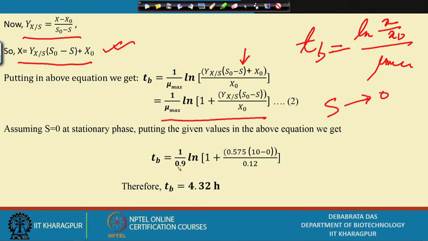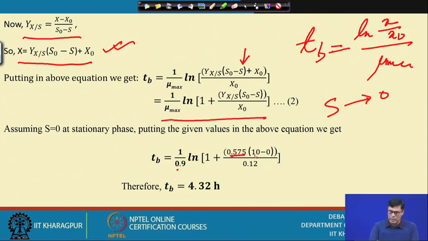This is 1 by 0.9, the 0.9 is the mu max value. Then Y x by s is 0.5, 0.75, and 10 grams per liter is the substrate, and this is 0, and x0 is the initial cell concentration, 0.12. So, total time required for the batch process will be coming at 4.32 hours.